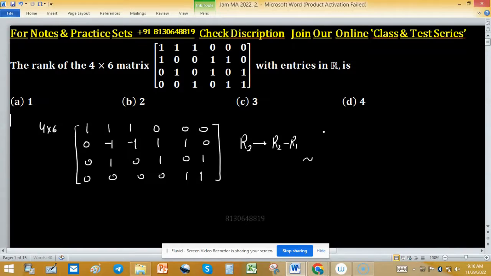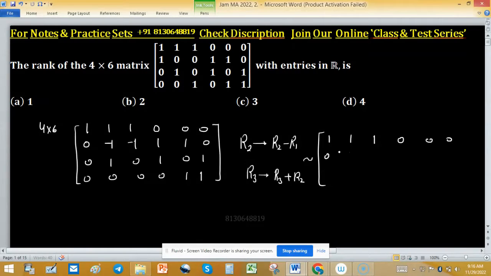Now another equivalent matrix is obtained when we apply the elementary row operation R3 plus R2. So what we have: there is no change in the first row, 1 1 1 0 0 0.